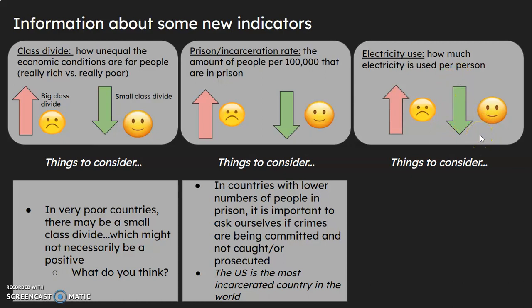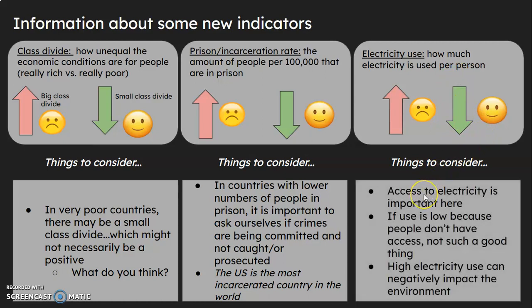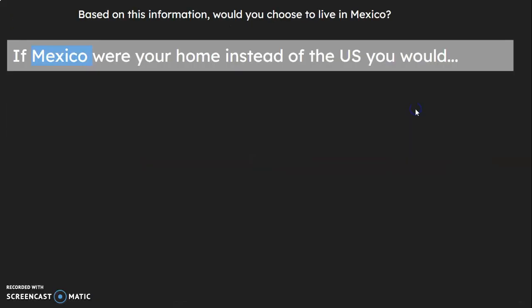However, access to electricity is important here. If we use less electricity because we don't have it, well, that's not such a good thing for the people. On the other hand, if we do have access to electricity, but we use a lot of it, well, then it can negatively impact the environment.